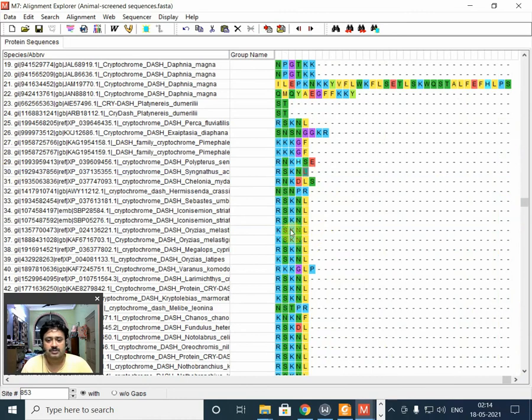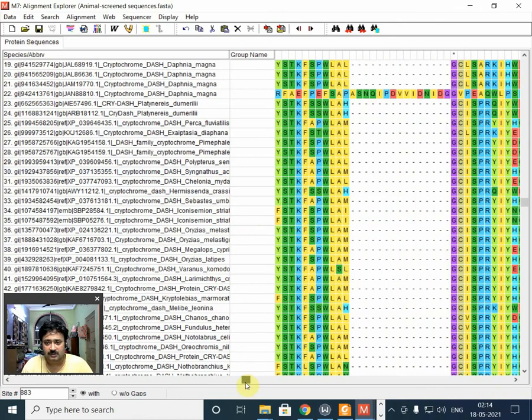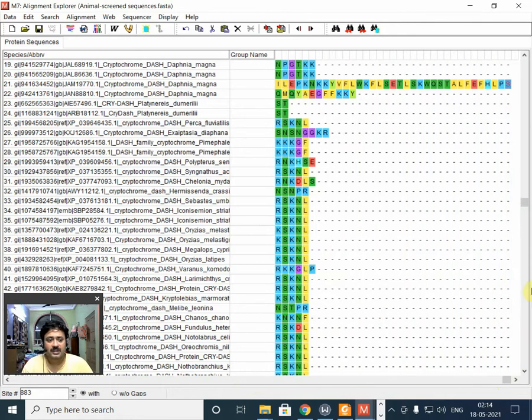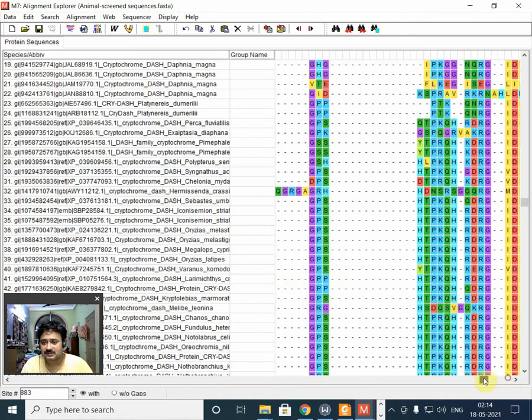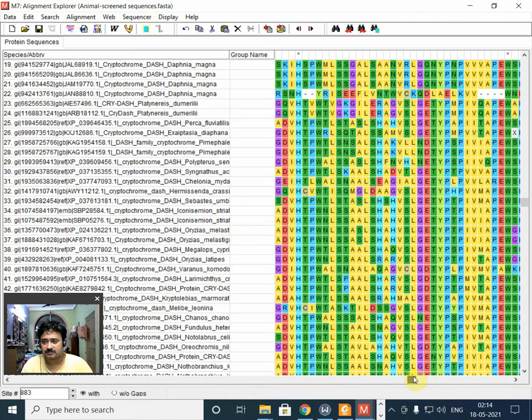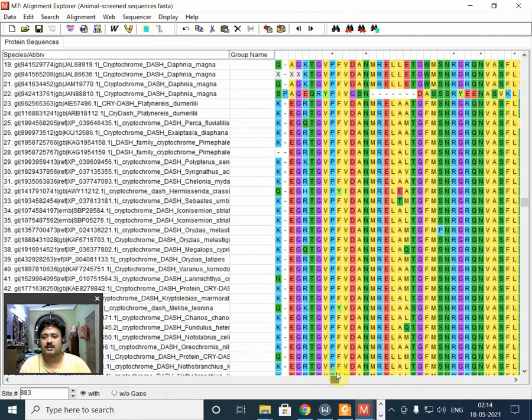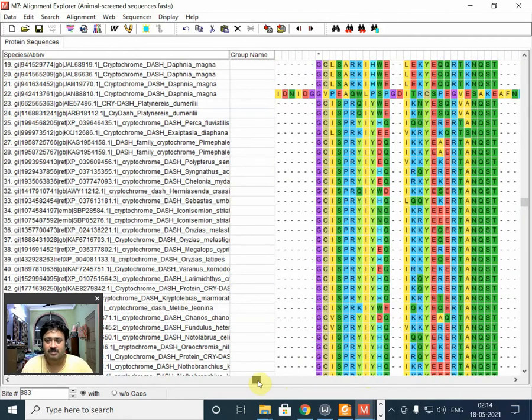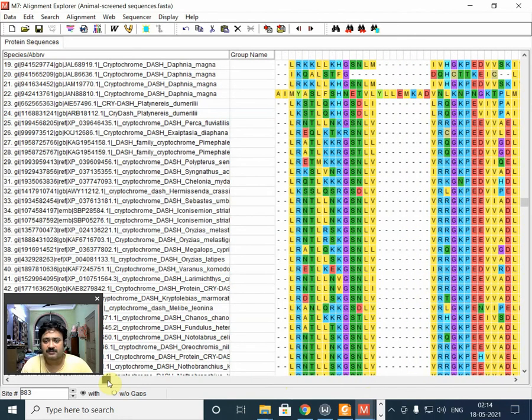So now we have to think about how many amino acids we are going to take here. In this trimming, we will be deleting a few amino acids from here.